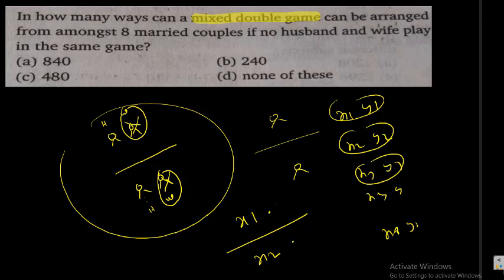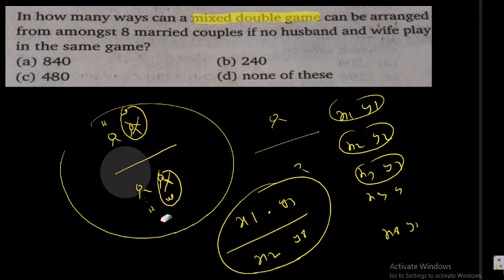Generally in mixed doubles, here you can take y1, here you can take y2. But according to this problem, no husband and wife play in the same game. So here I can't use y1, y2, I can use y3, and here I can use y8. This is one of the possible games. In such a way we want to find the number of games they can play.